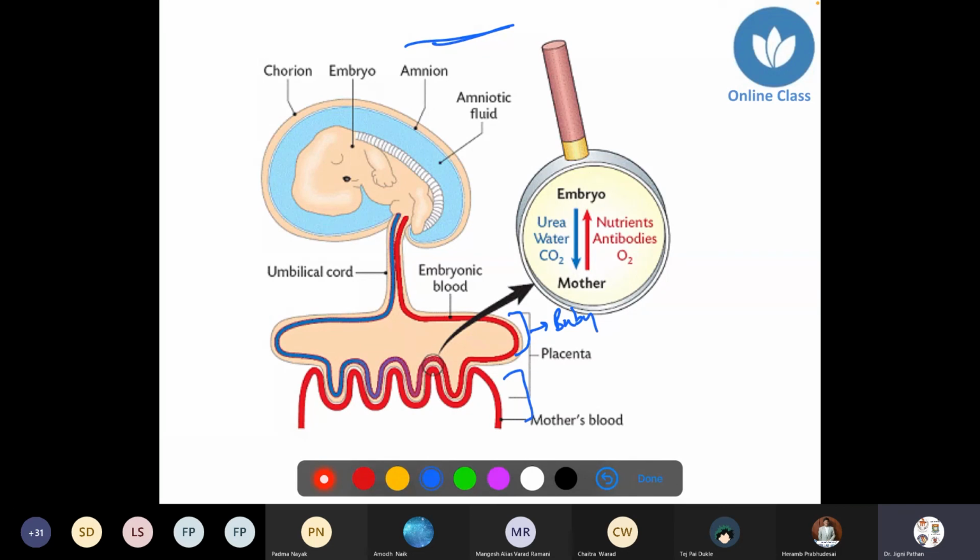So here the diffusion, the exchange between embryo and mother, happens. See, there is no mixing of blood. Remember, if there's a mixing of blood, you know what will happen. So it is just an exchange of waste, water, carbon dioxide, nutrients, antibodies, and oxygen between mother and embryo through the placenta. Are you understanding?